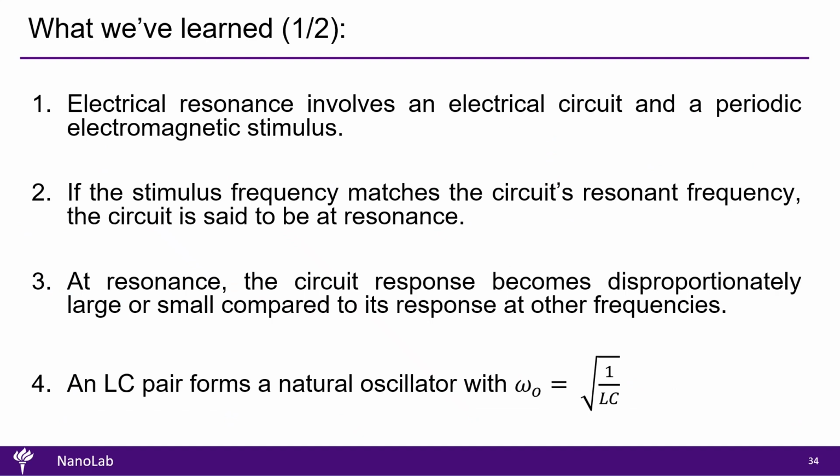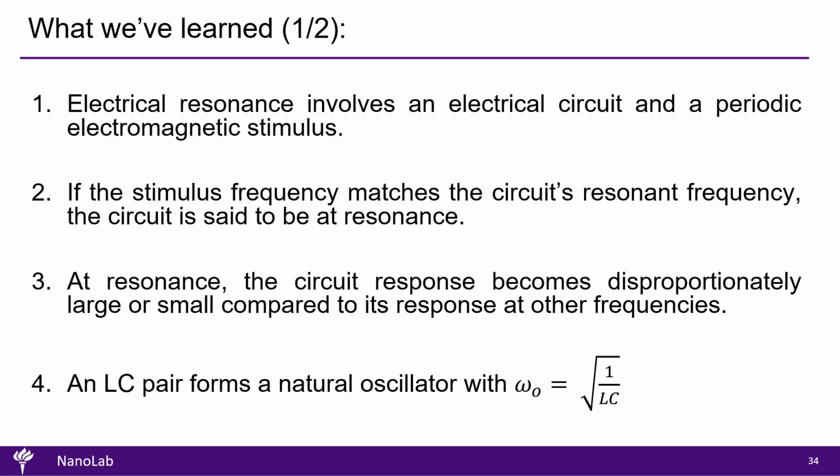Let's review what we have learned so far. Electrical resonance involves an electrical circuit and a periodic electromagnetic stimulus. If the stimulus frequency matches the circuit's resonant frequency, the circuit is said to be at resonance. At resonance, the system's response becomes disproportionately large or small compared to its response at other frequencies.